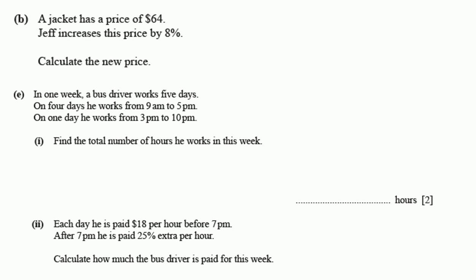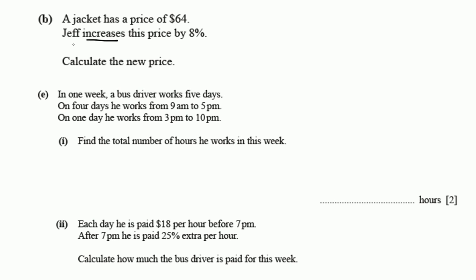But we're going to take this more efficient route of saying, if I start off with 100% and then we increase by 8%, we have 108% compared to what we had before. 108% as a number is just equal to 1.08, because that percentage sign made me divide by 100.